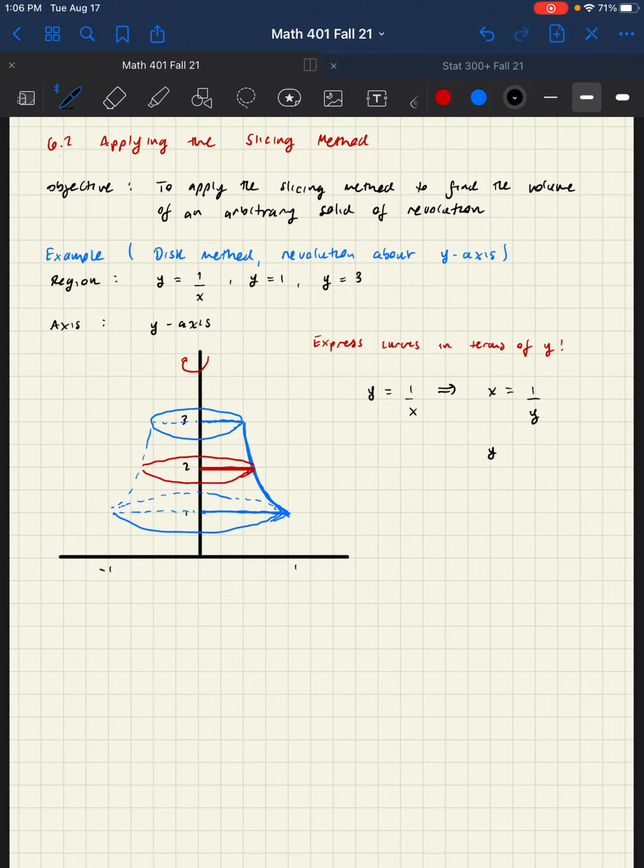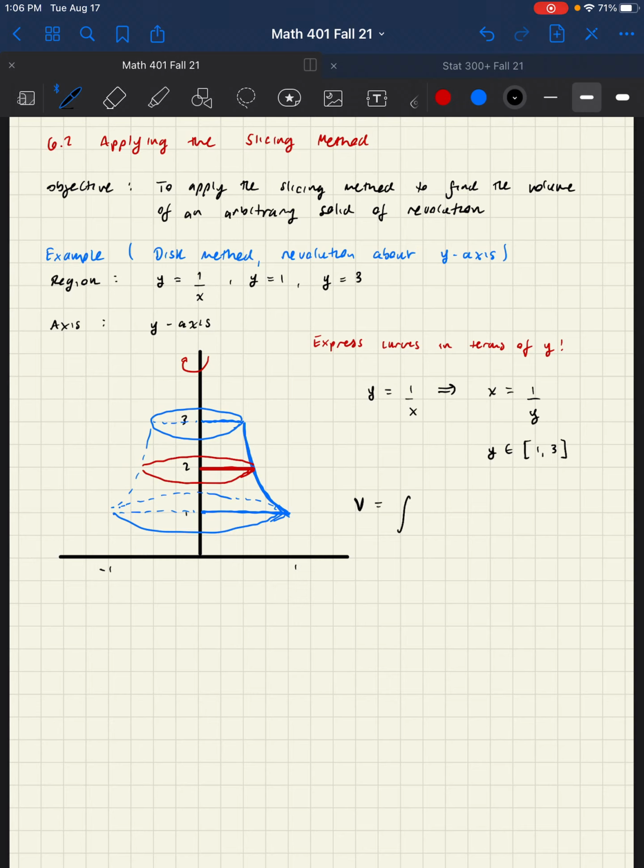And then our limits of integration will be between the two y values. So for y, between 1 and 3. That's not too bad, again. What this means then is that we need to change our definition of how we calculate volume based on an integration with respect to y.